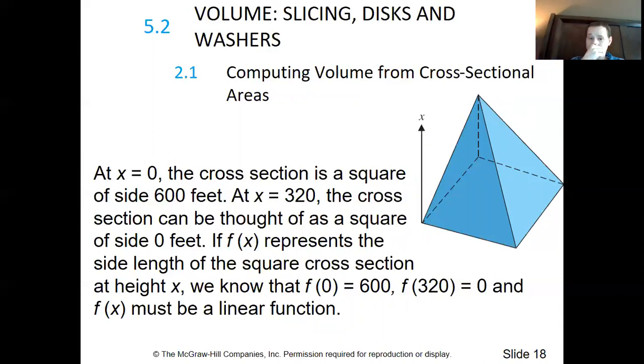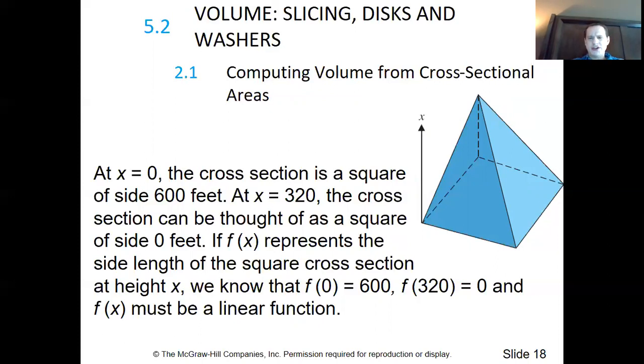There is no square. So at x equals 320 at the top, the length of the side of your square is 0. Now, they're going to define f of x to represent the length of the side of a square cross-section. So you slice this pyramid at some spot, and f of x represents the side of the square that results. What do we know about this?